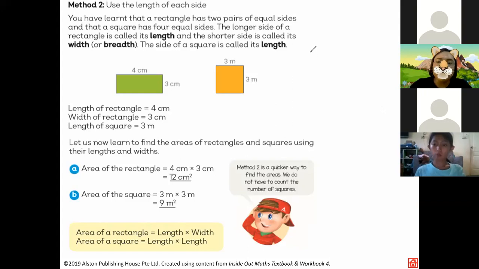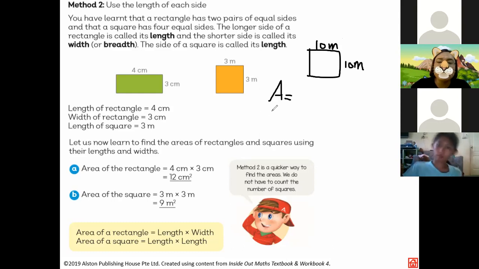Okay, another example. Let's say this one is 10 meters and 10 meters. What is the area of this square? 100 meters squared. Okay, very good.